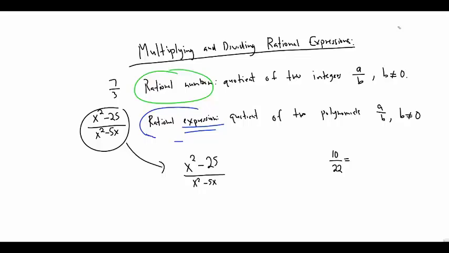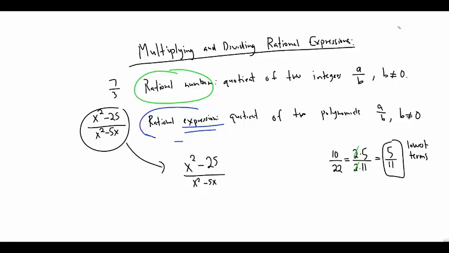Express this in lowest terms. To do that, you need to factor completely the numerator and the denominator. They factor like that, and you can cancel any common factors. The 2's cancel, and what's left is 5 over 11. This is lowest terms, the lowest terms representation of 10 over 22.